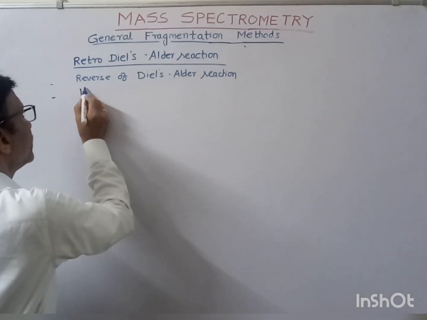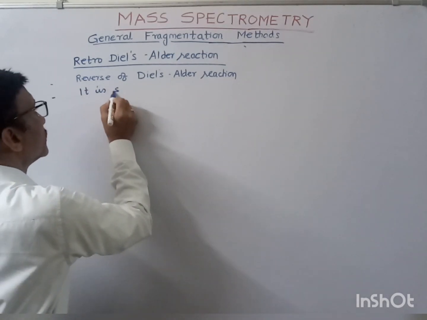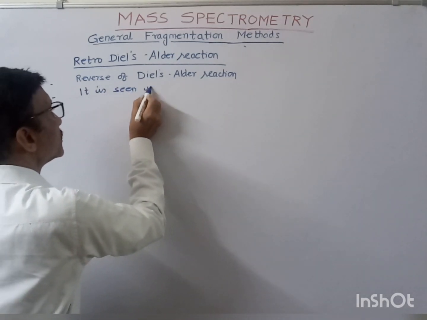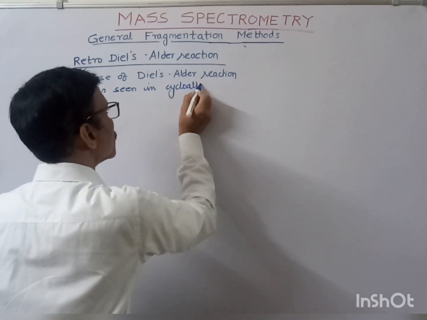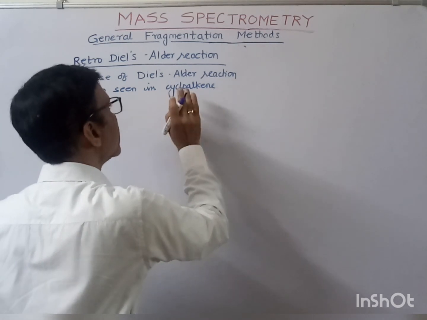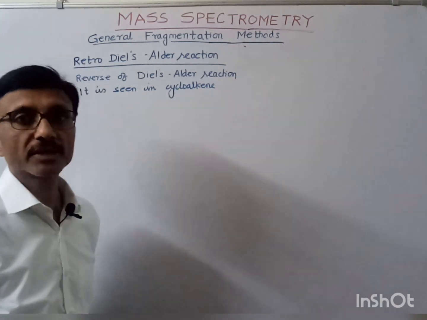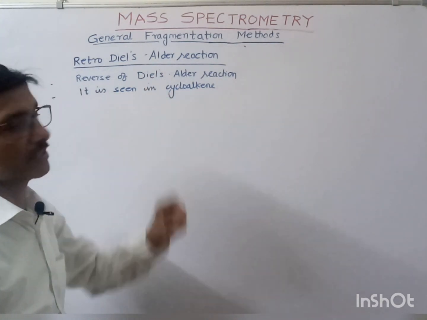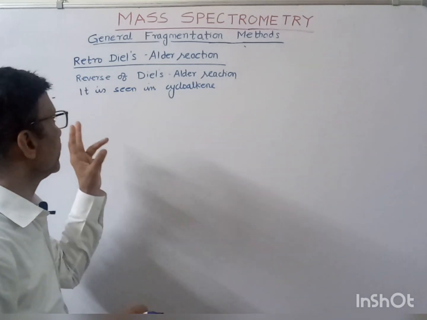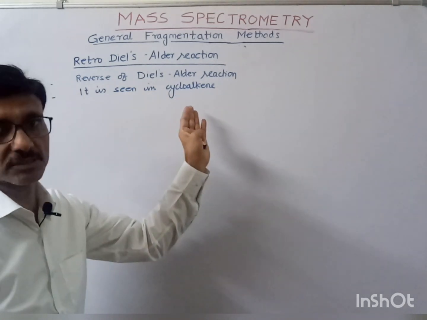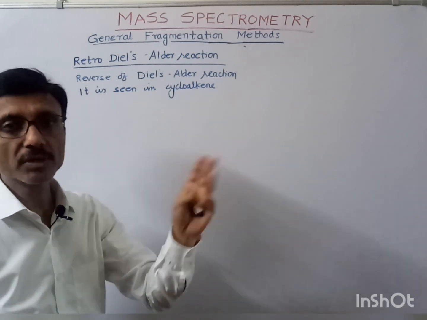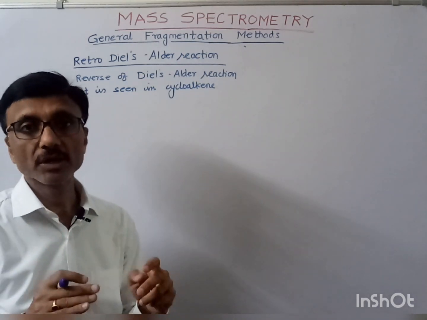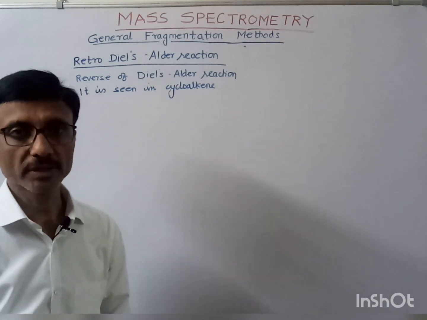So it is seen in cycloalkenes. If we have cycloalkenes, then the cleavage is possible by the retro-Diels-Alder reaction. And in such cycloalkenes, the molecular ion which is formed gives quite an intense molecular ion peak.